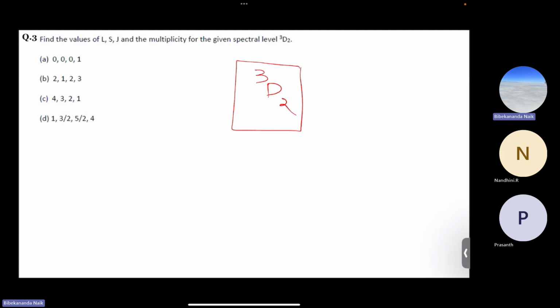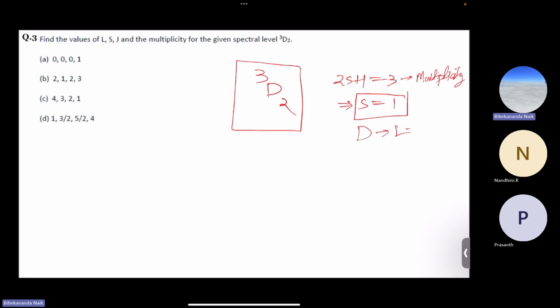For 3D2, the multiplicity is 3. So 2S plus 1 equals 3, which gives S equals 1. This 3 is nothing but the multiplicity. Then S equals 1.